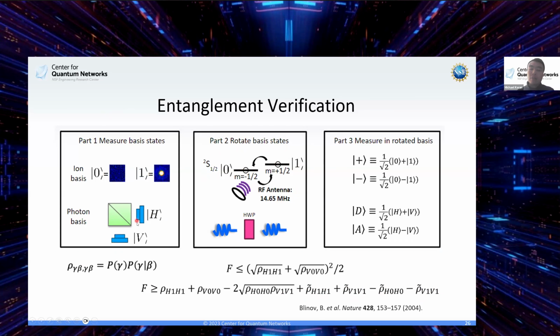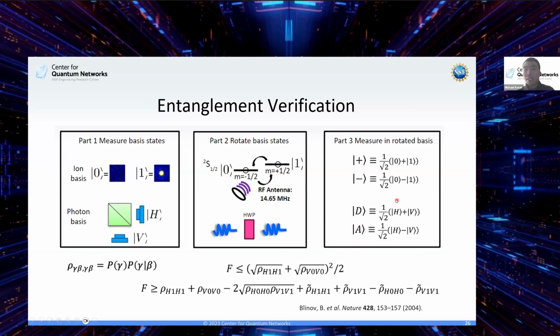For the photonic qubit, what you need to do is use a half wave plate to rotate the polarization by 45 degrees, and there you are in the diagonal and anti-diagonal basis. And for the ion, you're in the plus and minus basis.